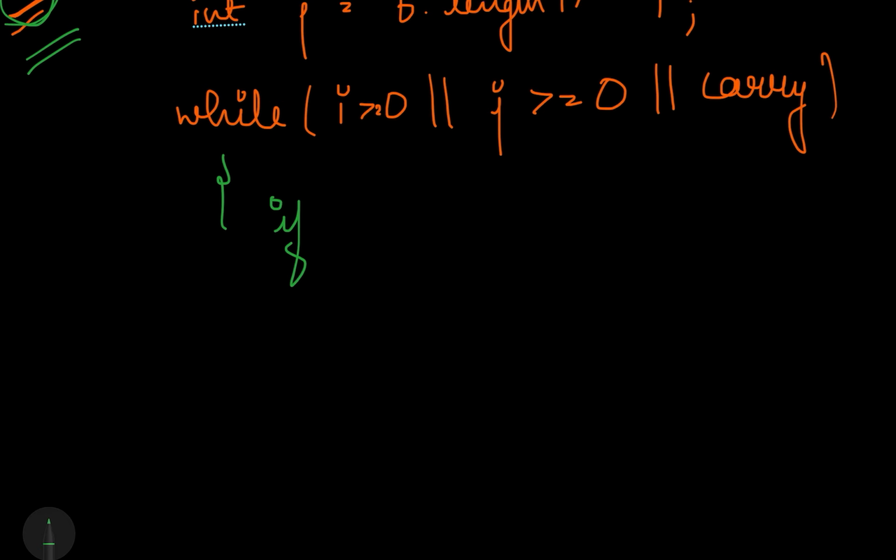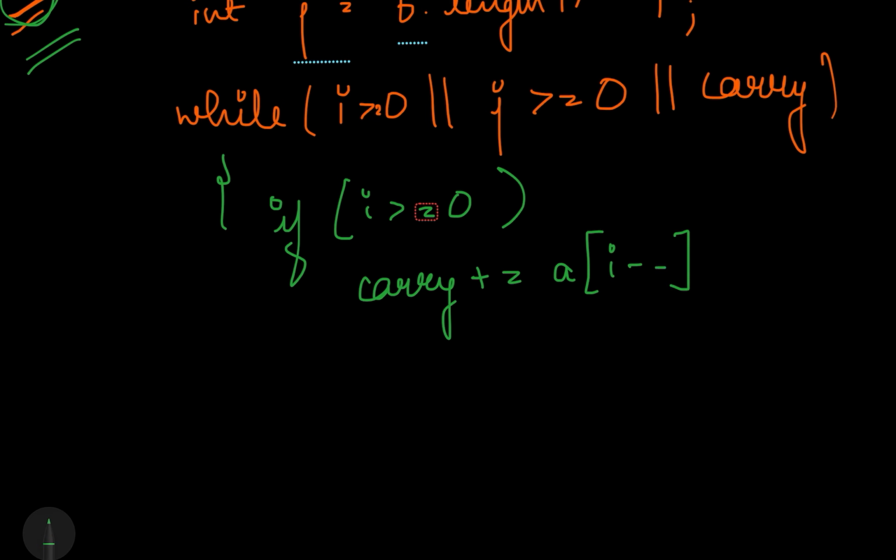What we'll do inside this loop is, first we'll check for the first string, and we'll simply add to our carry the current digit, and we'll do minus '0' because it is a character of string type, and minus '0' will simply convert this character to an integer.